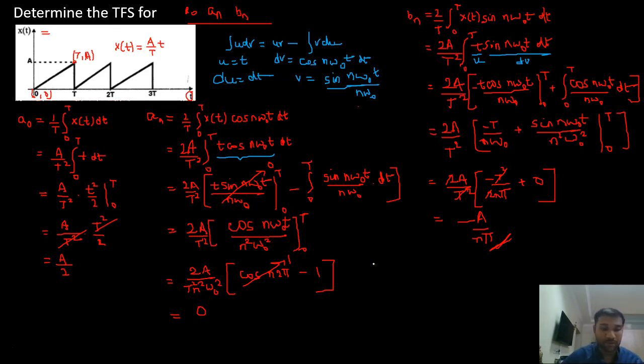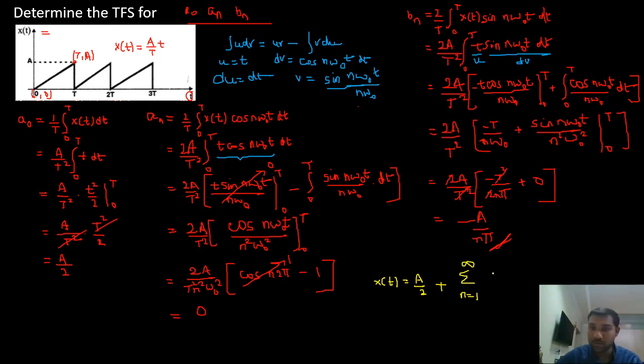I'll just write the final trigonometric expression, the trigonometric Fourier series. X of t is equal to, what is my a naught? A naught is A by 2, plus summation n equal to 1 to infinity.